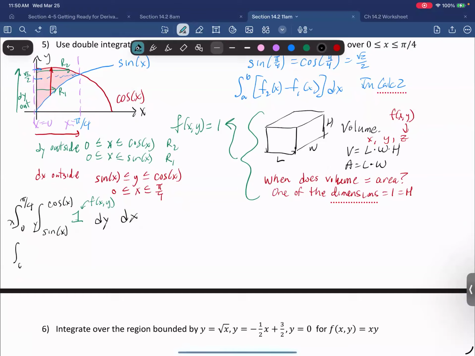All right, we integrate on the inside. I have y from sine x to cosine x dx, which gets us the integral from 0 to pi over 4 of cosine x minus sine x dx.